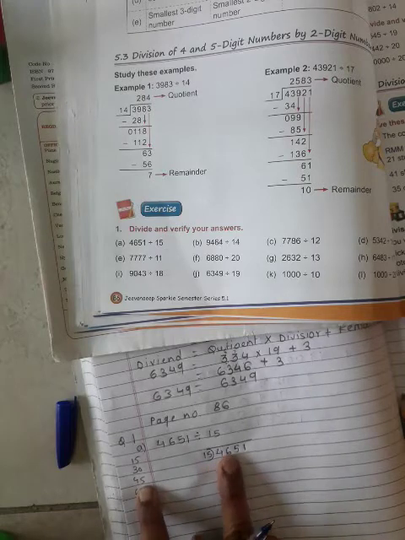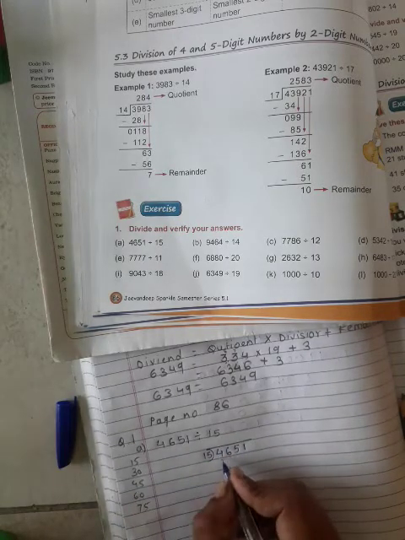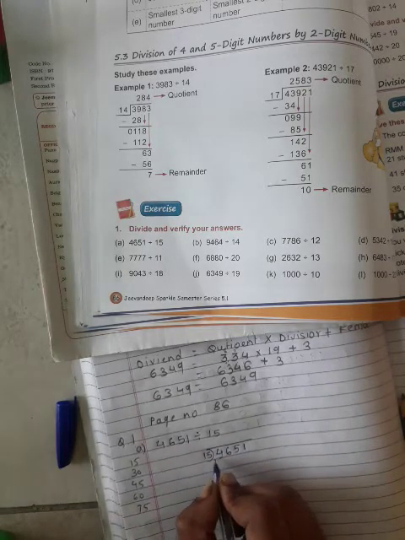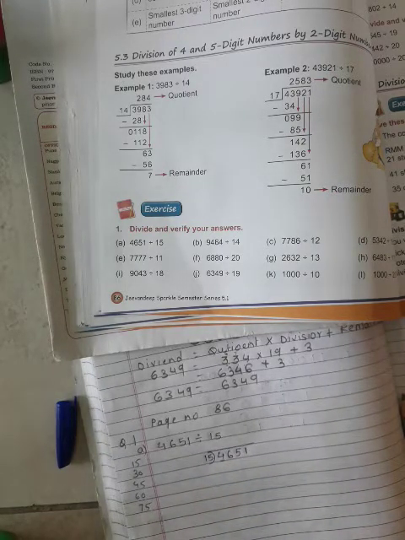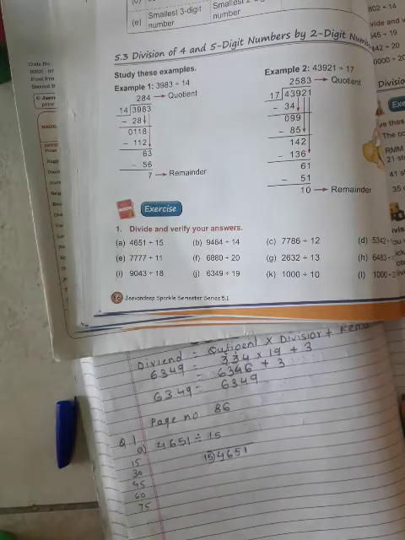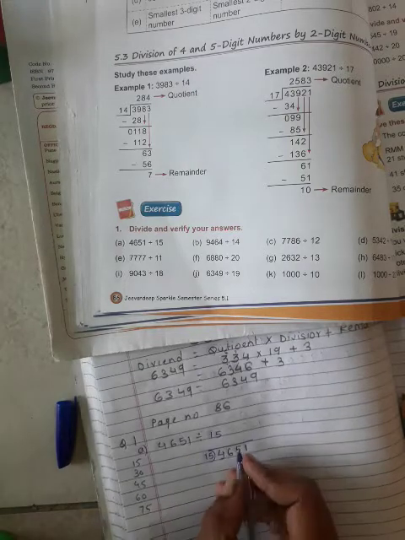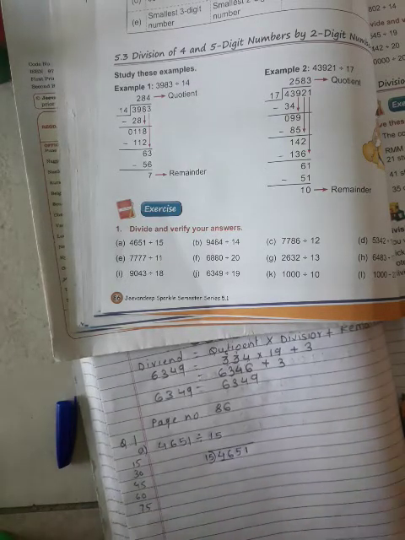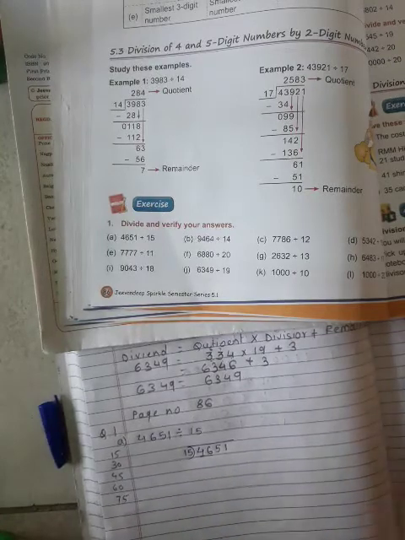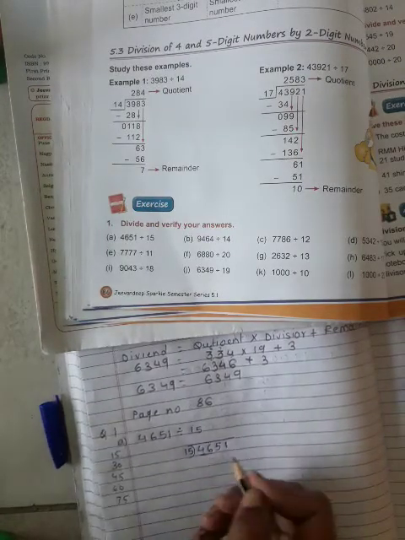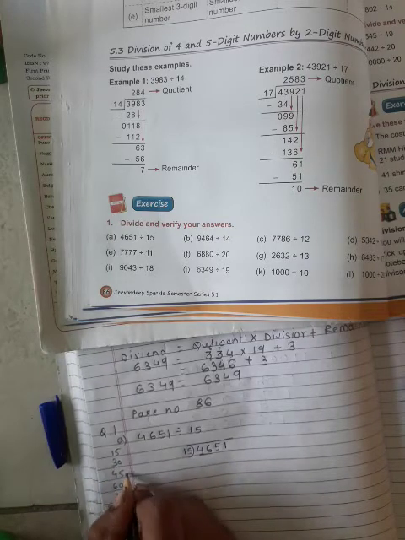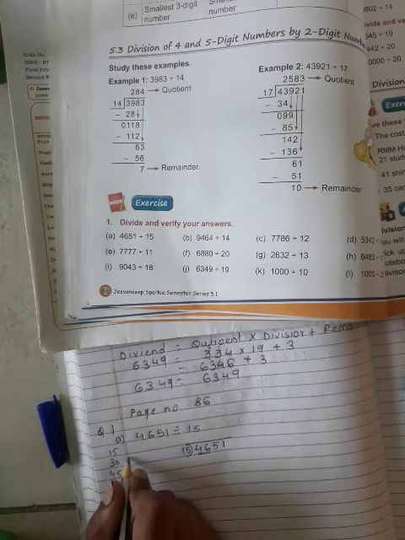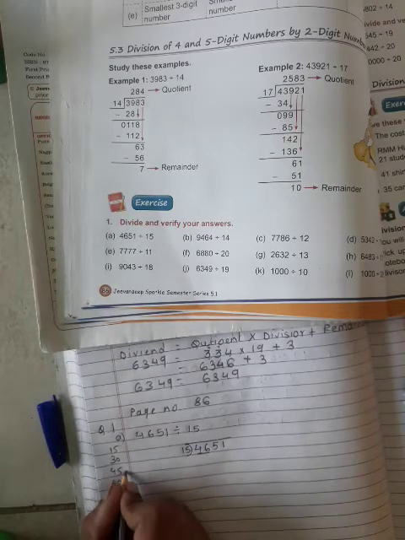What do you do first? Take the first number and compare the divisor and the dividend's first number. The divisor is big, so what do you do here? Take the first two numbers. Now 46. Is 46 in the 15 table? No. The smaller number is 45.